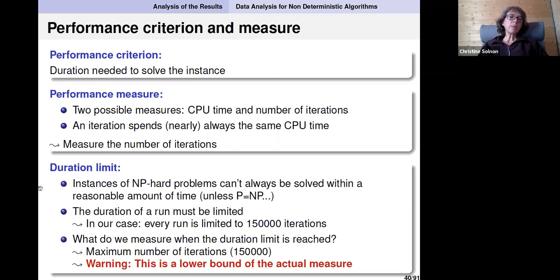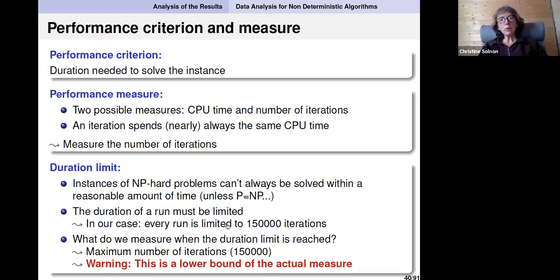The next point is very, very important, and I will always have this when I experimentally evaluate an algorithm for solving an NP-hard problem. I know that unless P equals NP, I cannot solve all instances of an NP-hard problem in polynomial time. I will always have instances for which the amount of time will not be reasonable. So I have to limit the duration of each run.